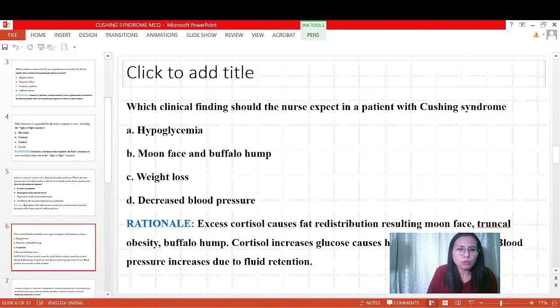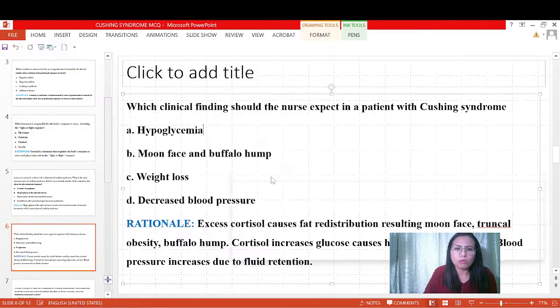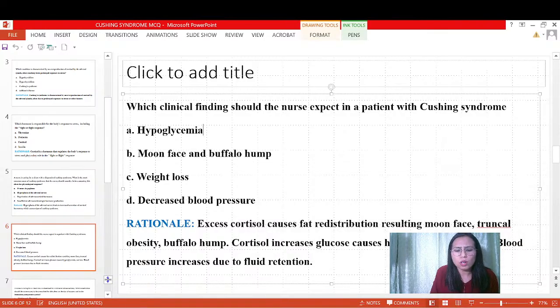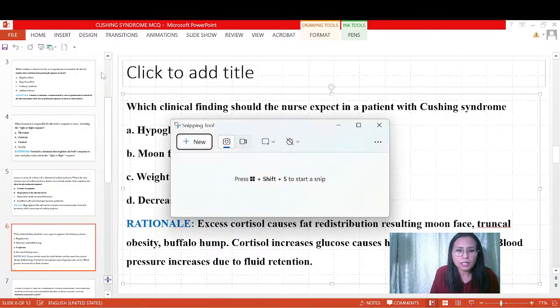The first option is hypoglycemia. In Cushing syndrome, there is hyperglycemia, not hypoglycemia, because the cortisol increases the blood glucose. And the second option is weight loss.